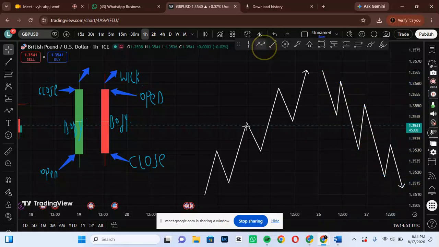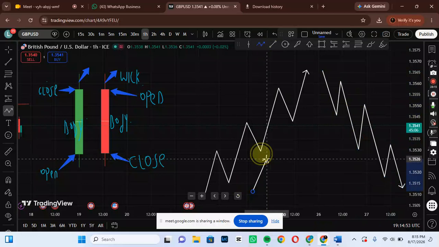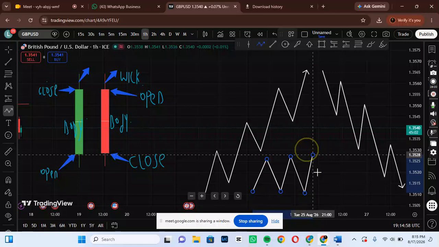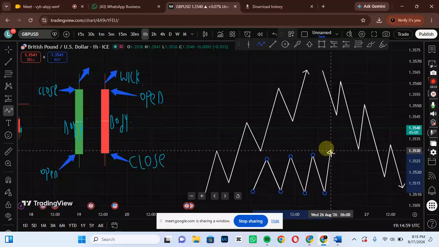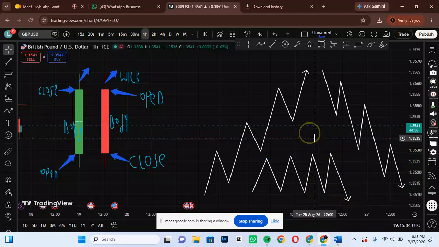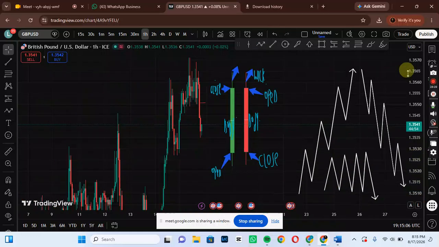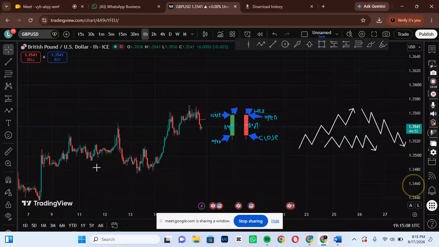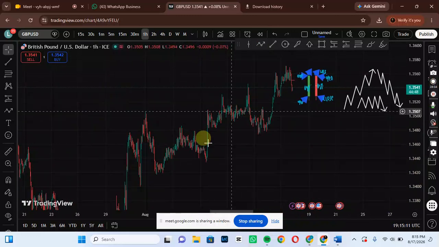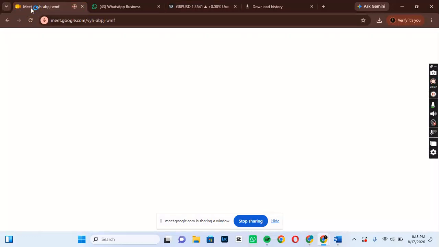And price is moving in this manner too. What you should have in mind is that on the chart, price doesn't move as clean as this. This is how price moves, but they are basically the same thing.